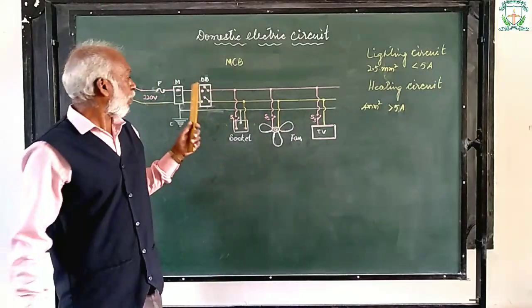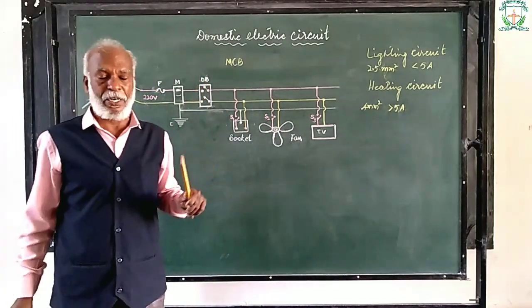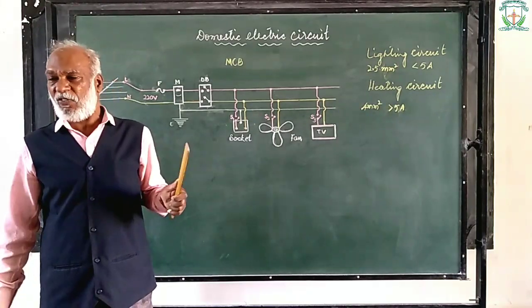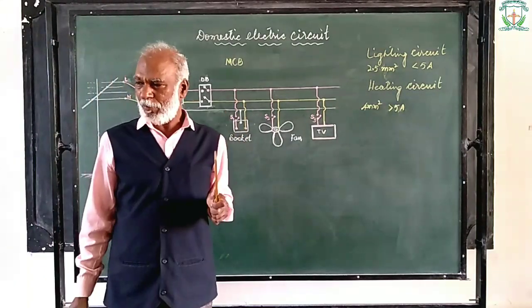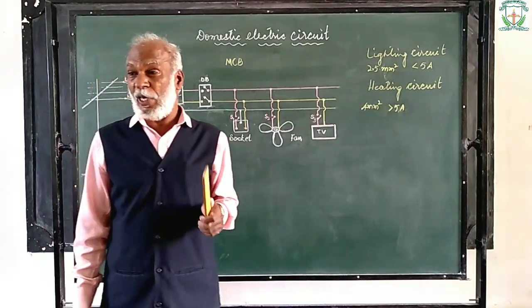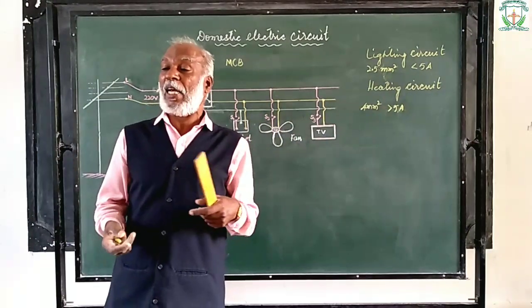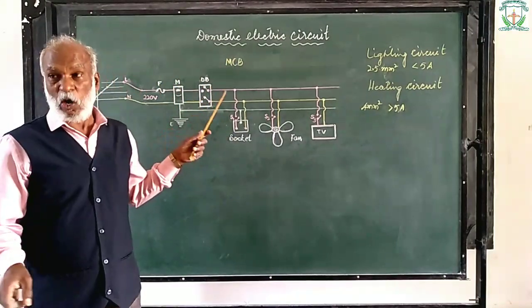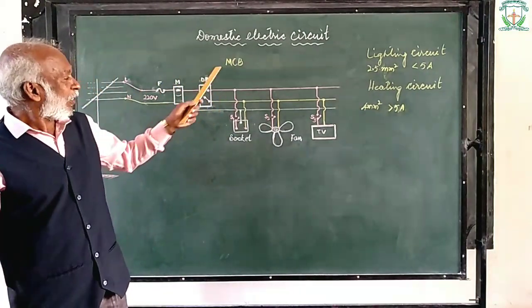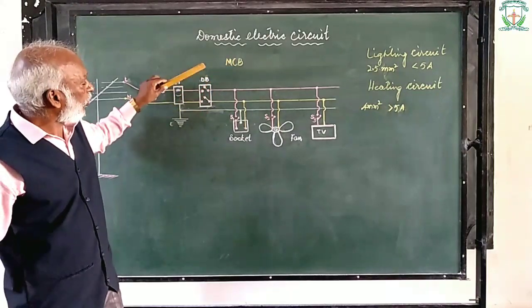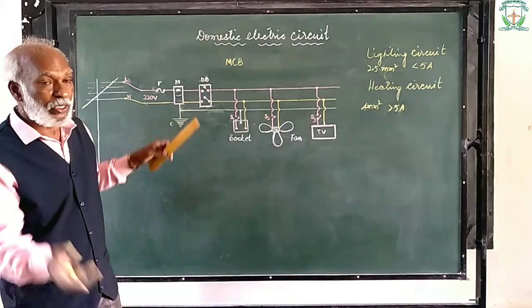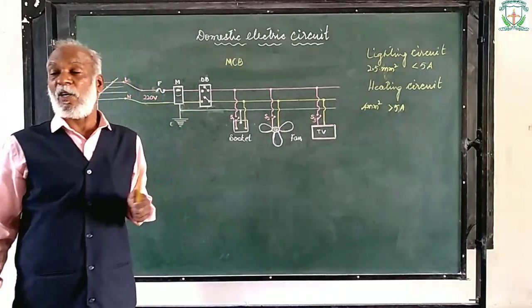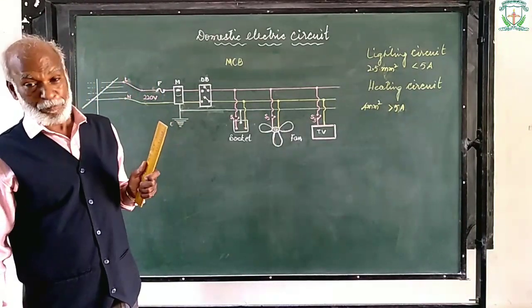If you use more than 6 amperes of current in that circuit, that is called overloading. You are loading that circuit more than the permissible limit, which is not good for the circuit. So the circuit breaker trips, the dipole switch comes to off mode. That is called the tripping of circuit breaker.